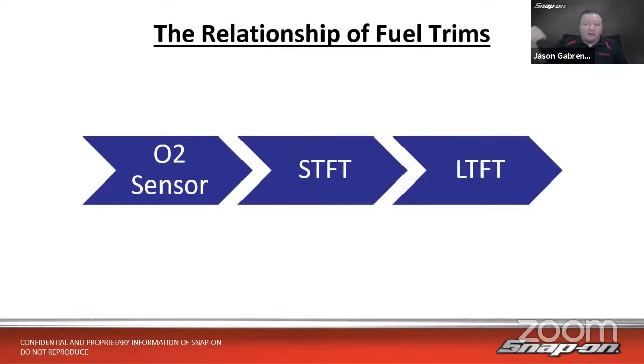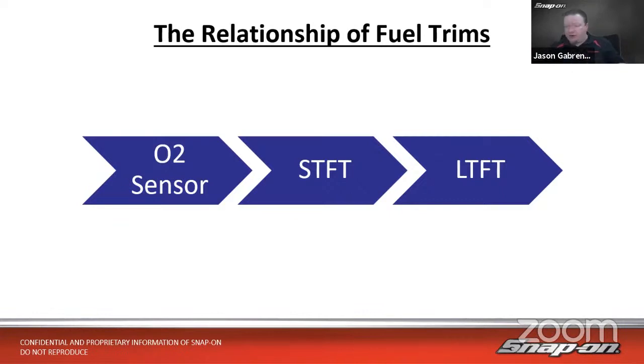So then maybe I get a 2%, 3% positive long-term fuel trim. Then when it's up there and it stabilizes, the short-term fuel trim goes back to where it was. And then maybe it goes up again to that 3, 4, 5, 6%, which pushes the long-term fuel trim up to another block, right? So it's a learning process and it builds upon each other, right? So oxygen sensor feeds short-term, which feeds long-term.